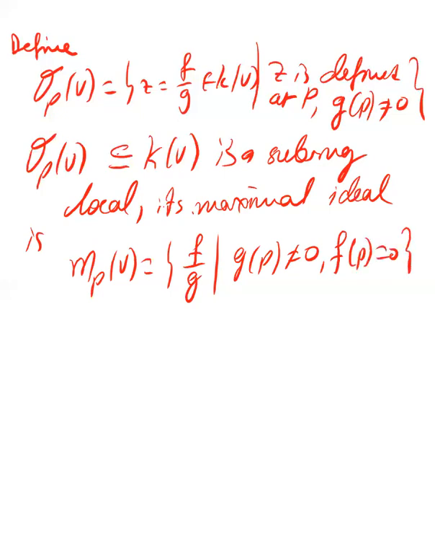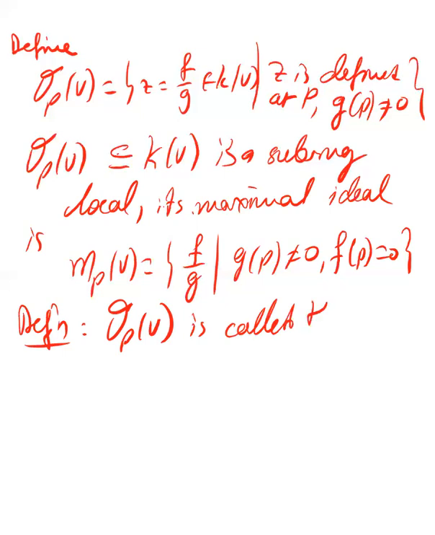So these are just like in the affine case. And here's the definition. This O_P(V) is called the local ring at P. Okay.